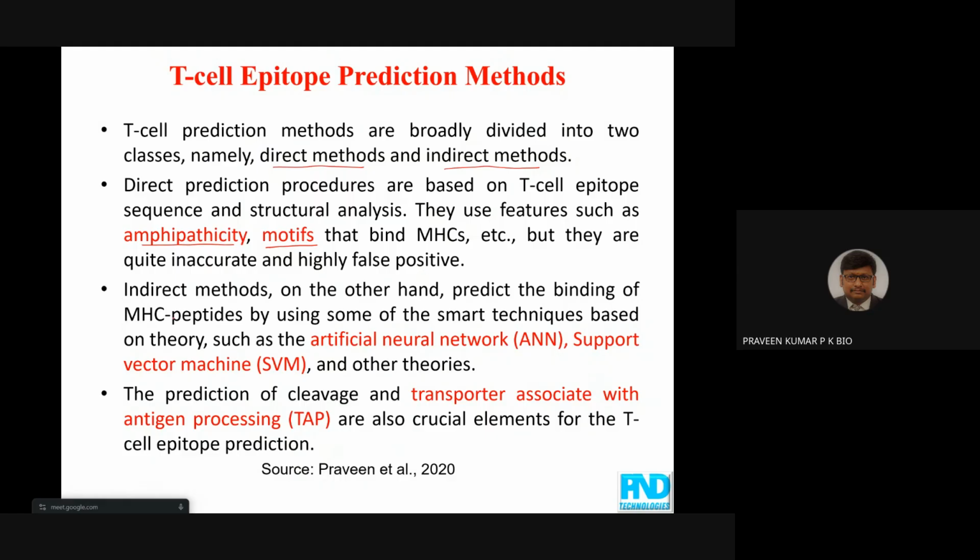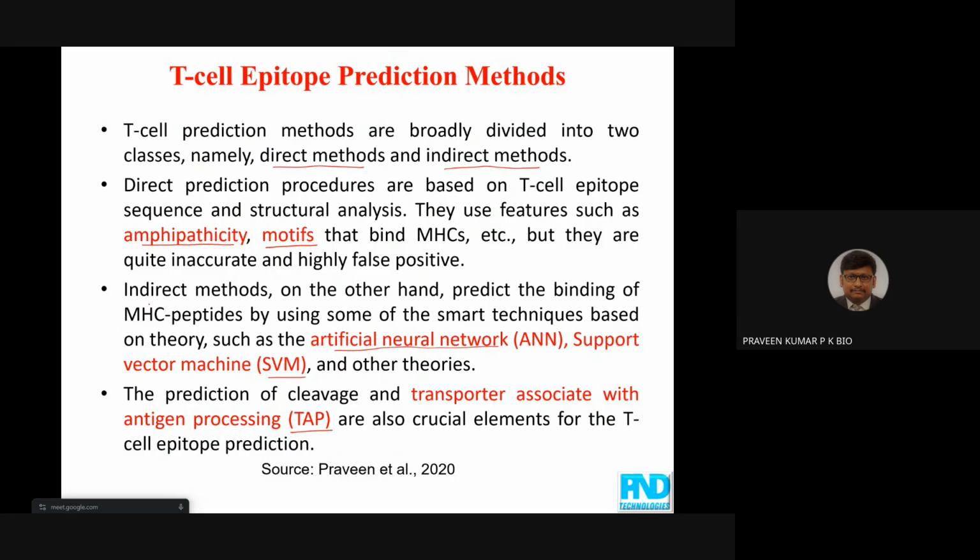And there are indirect methods, which use machine learning techniques like artificial neural networks, support vector machines, and other approaches. One more thing to remember: other than direct and indirect prediction, we can also predict cleavage and transporter associated with antigen processing, which we call TAP.